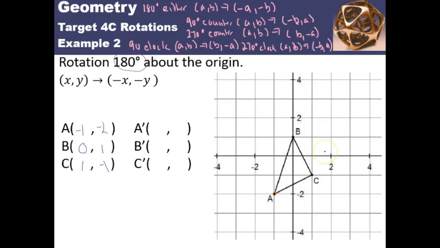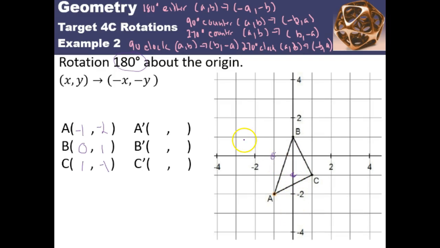Now this whole figure doesn't fit in one shape, so I have to think about where each point would go. We're going in either direction, it doesn't matter, so I'll go counterclockwise. If I move B 180, that's 2 moves, so B prime should end up on this line, right there.